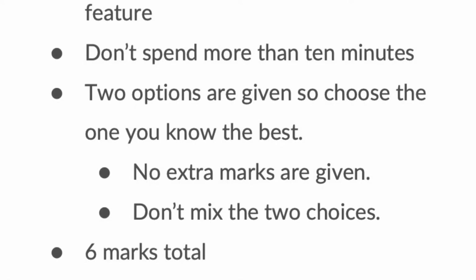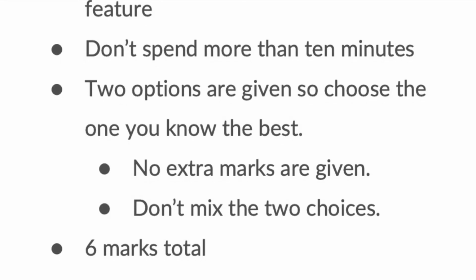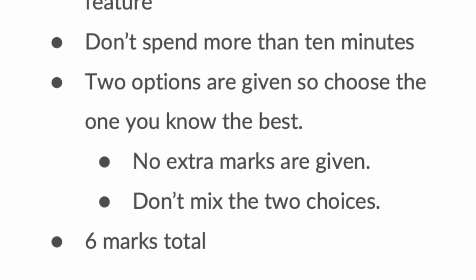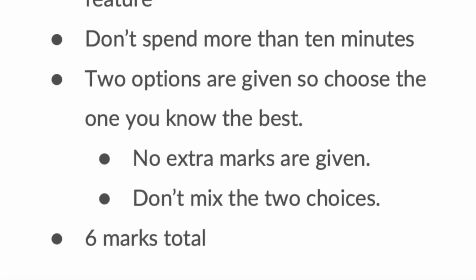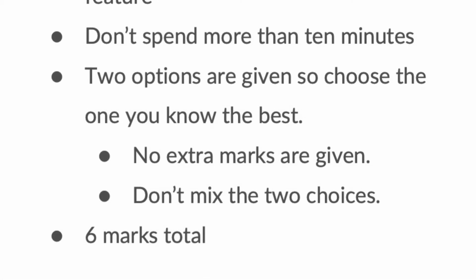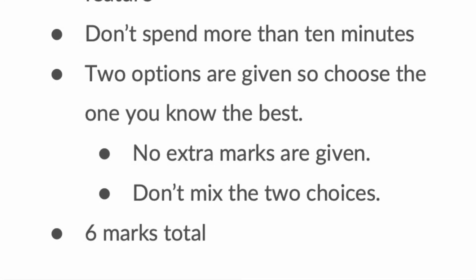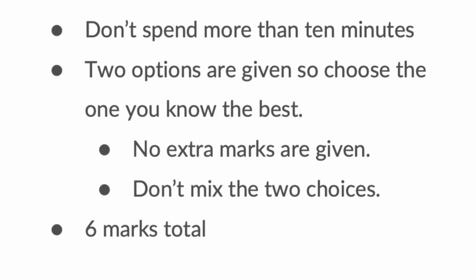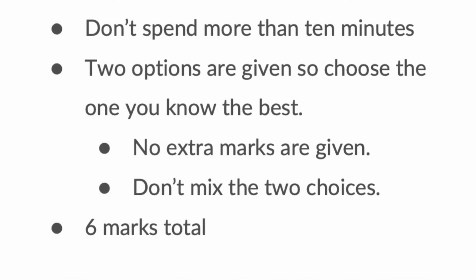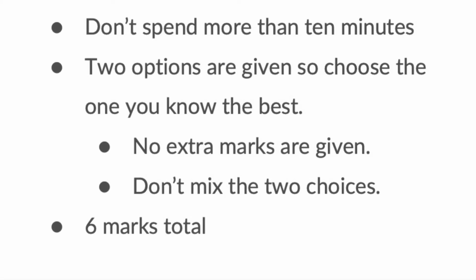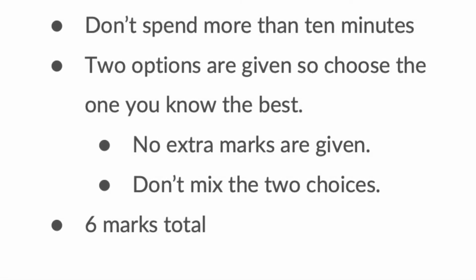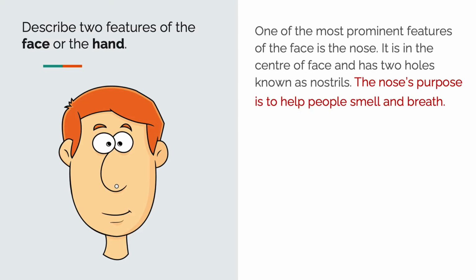If you continue to write great detail, 6 is as high as it goes. Also, you cannot mix and give one feature for the first vocabulary word and one feature for the second. Once you've made a choice, you stick with it and give 2 features for just one choice.